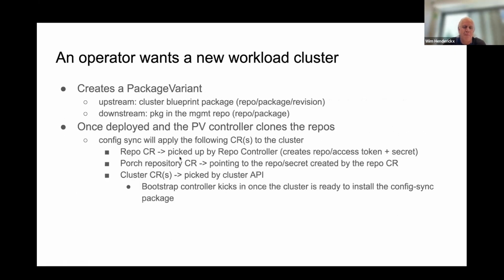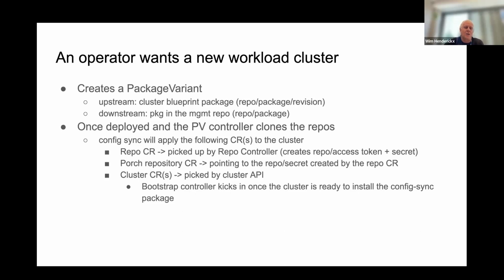So what will actually happen in that management repo, we create a bunch of CRs, which is this repo CR, this Porch repository CR, as well as the cluster CR that gets actuated onto the management cluster.